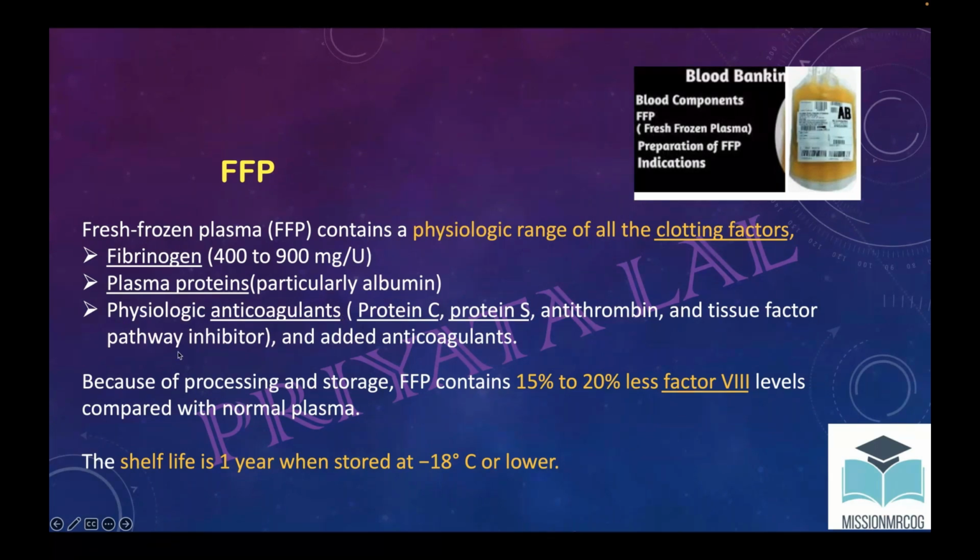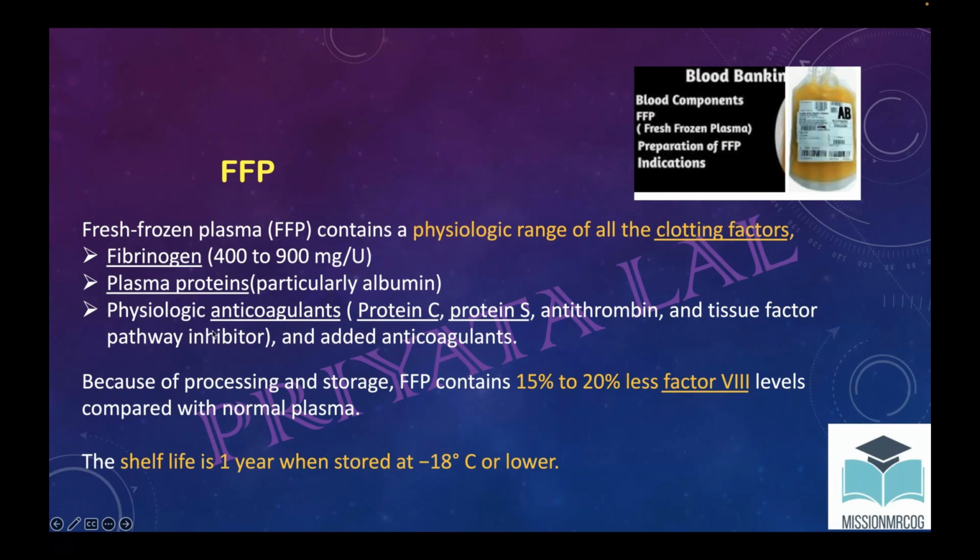Because of storage, factor 8 would be less, by 15 to 20% compared to normal plasma. The shelf life of FFP stored at -18 or lower is 1 year. Many times you will find certain questions, and people have sent me queries as well. Usually the answer will come if you know the contents of FFP well.